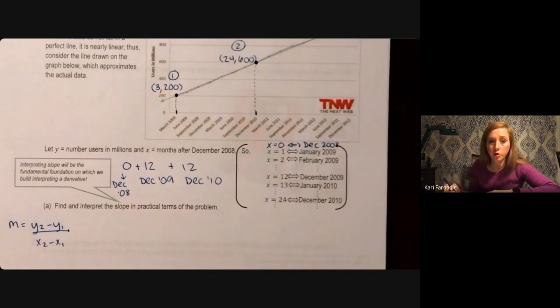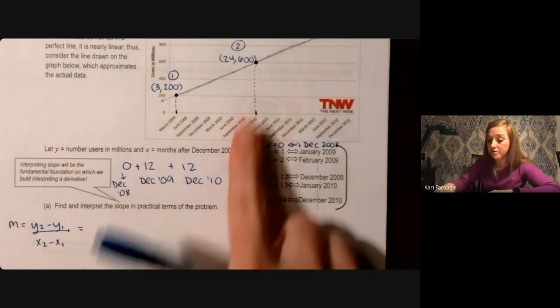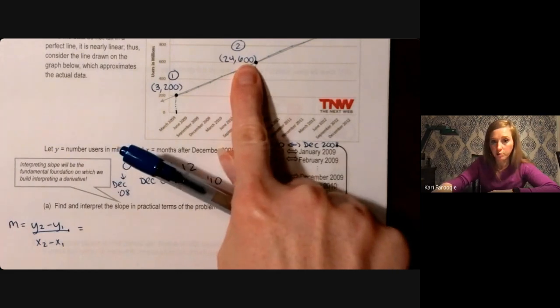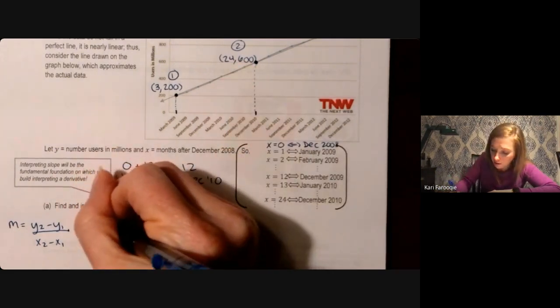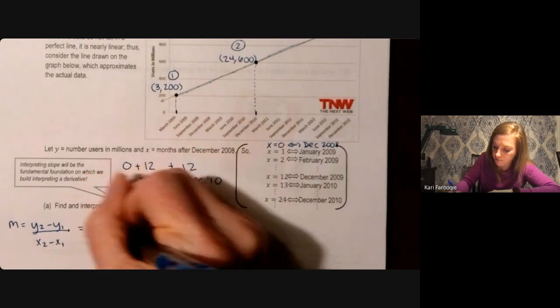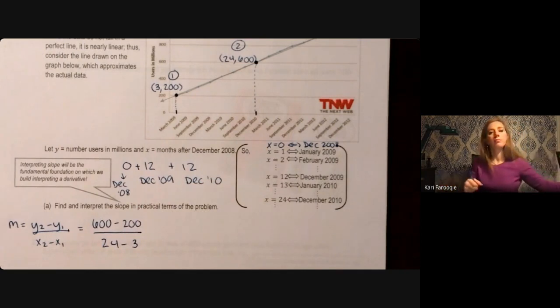So to find the slope, I now have the two pieces of information I need. I have the coordinates for x sub 1, y sub 1, and x sub 2, y sub 2. So I'm going to take my y sub 2, which will be the y coordinate of the second point, minus y sub 1, which will be, in this case, 200, divided by x sub 2 minus x sub 1.